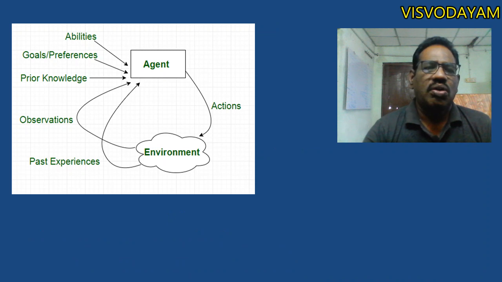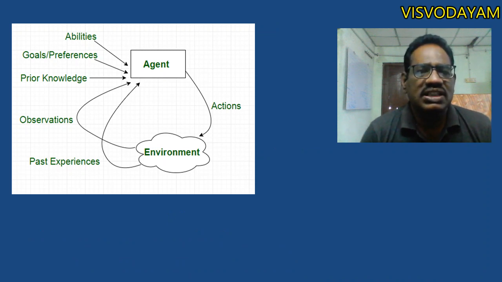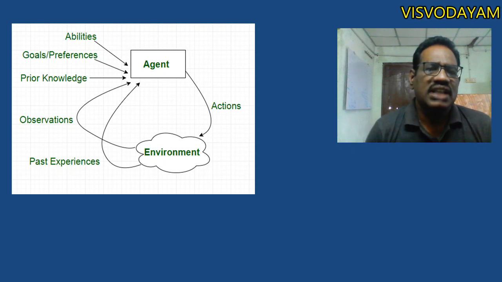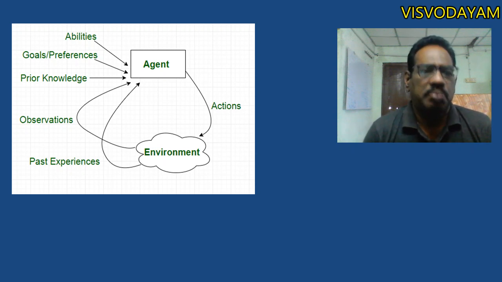Now, if you consider any artificial intelligent agent, for perceiving the environment it has sensors for taking observations, and for doing certain actions on the environment, we have actuators. In addition to this, the agent can have prior knowledge and goal preferences.